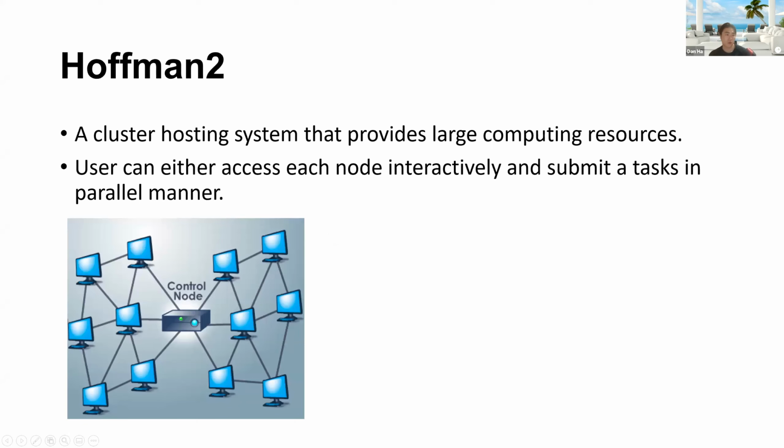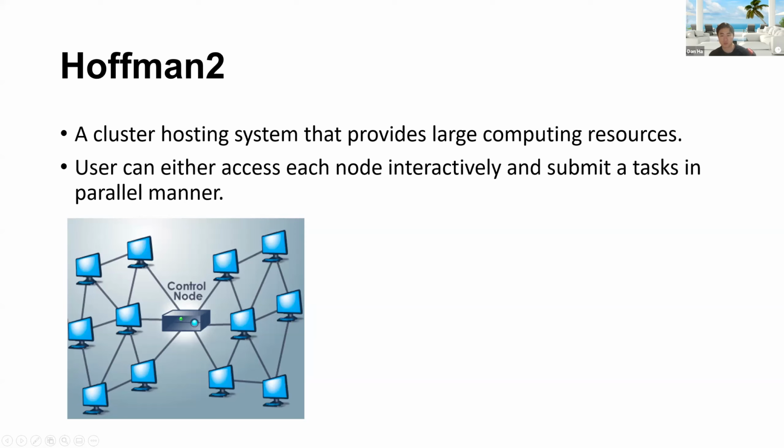So most of the pipelines and software will be run through Hoffman2, which is a cluster hosting system provided by UCLA. It consists of large computing resources connected by a network. A user can access each of these nodes interactively.